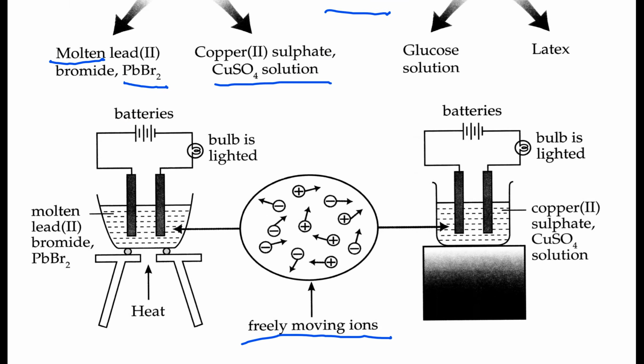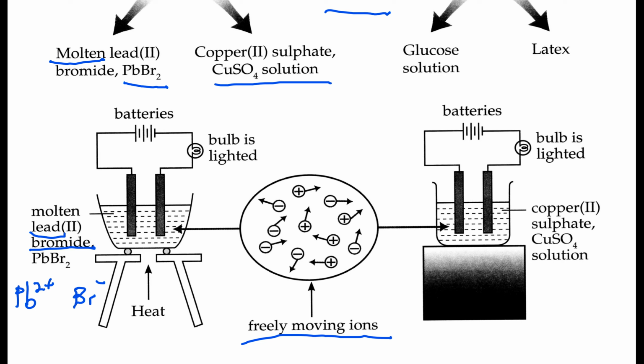In the case of the lead bromide, when it is molten, the Pb2+ ion and the Br- ions are separated from each other and are free to move and free to conduct electricity.